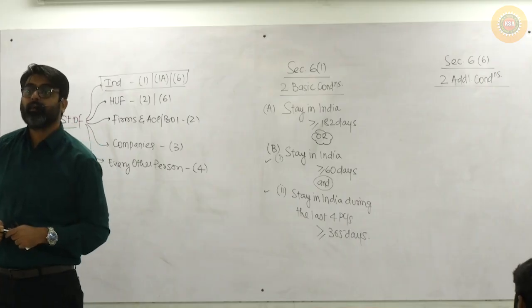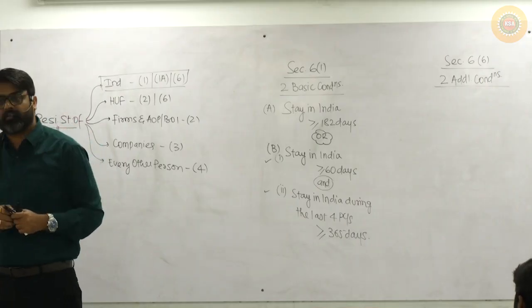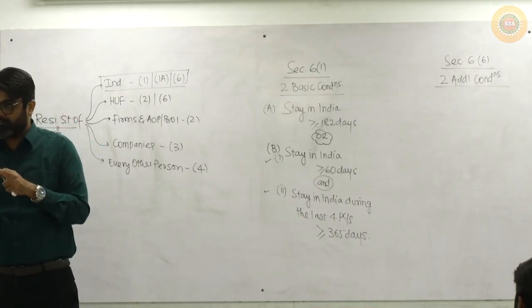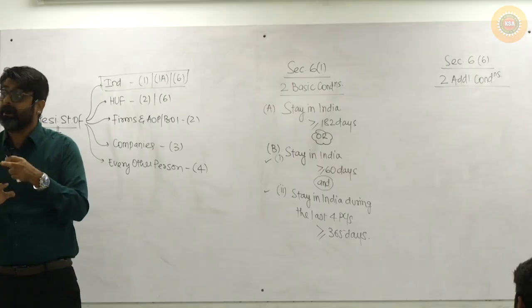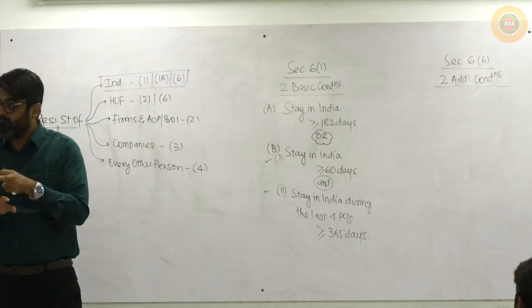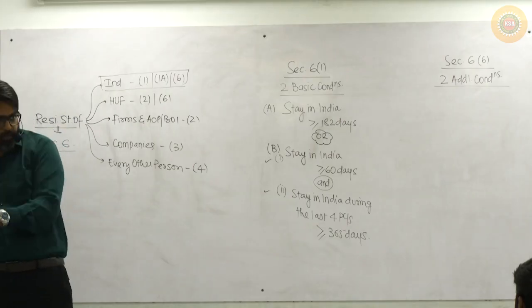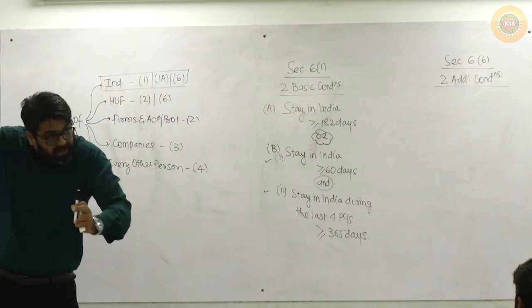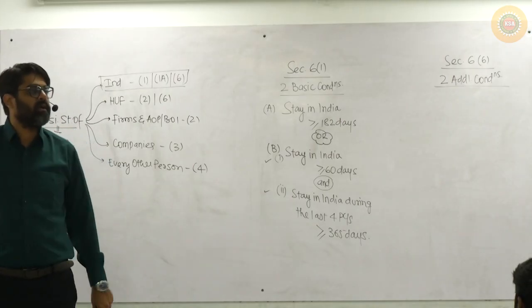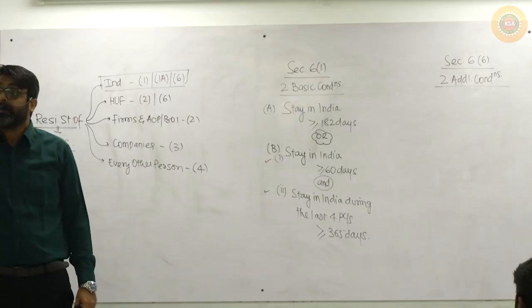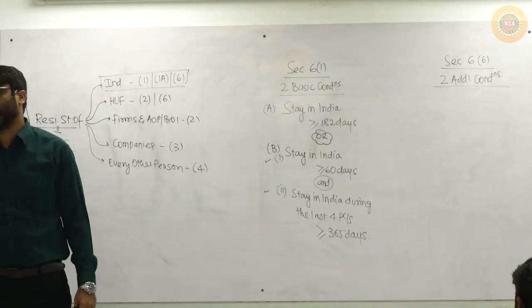Yes or no? So which are those previous years? 23, 24, 22, 23, 21, 22 and 20, 21. In the immediately preceding 4 previous years, your total stay in those 4 previous years should also be 365 days or more.